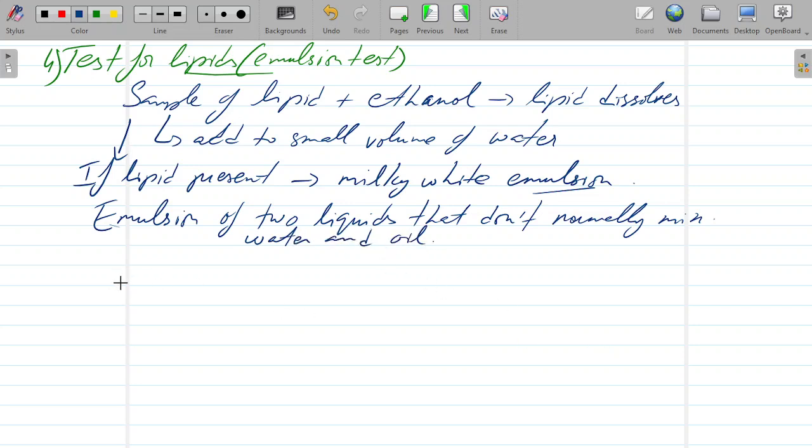So you can try this at home. You can take a little bit of oil and you can add it to water and you can shake it. And so what you will notice is, if you've taken more water and a bit of oil, normally if you add oil to water, it forms like a layer on the surface. Have you ever seen that?